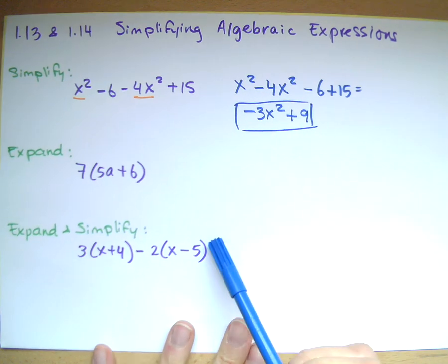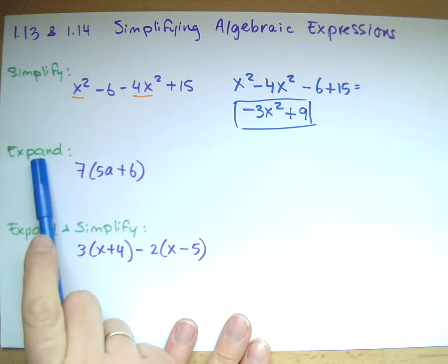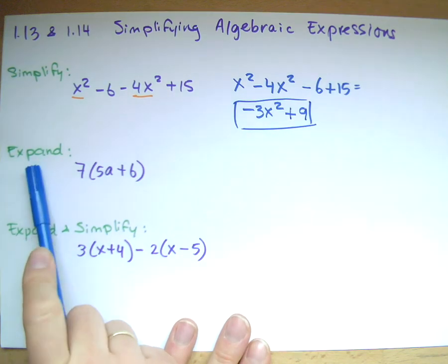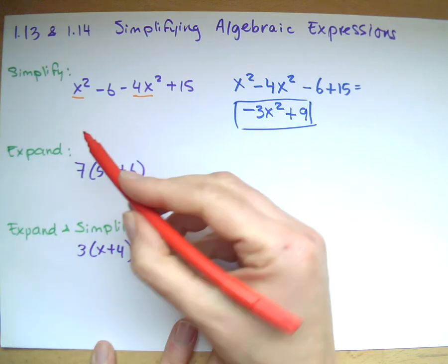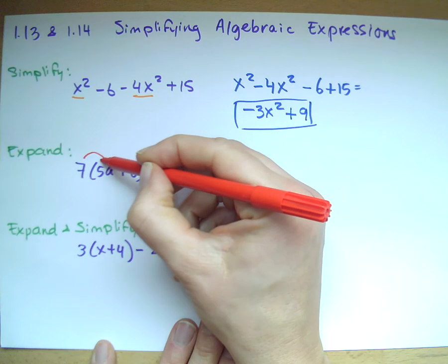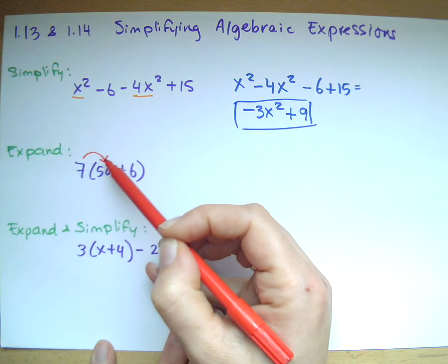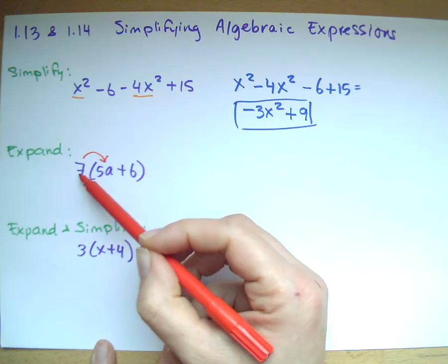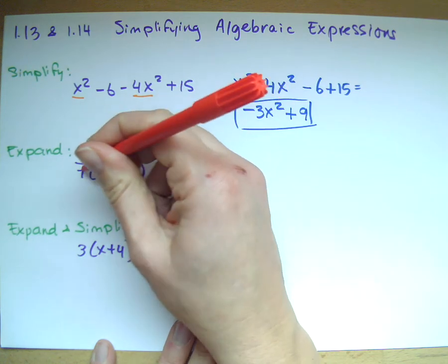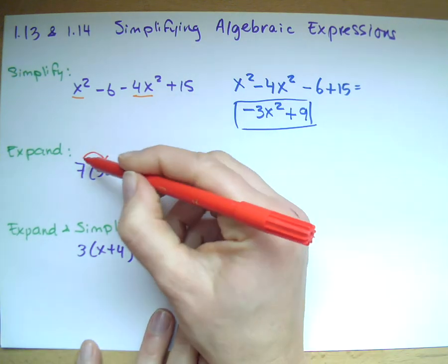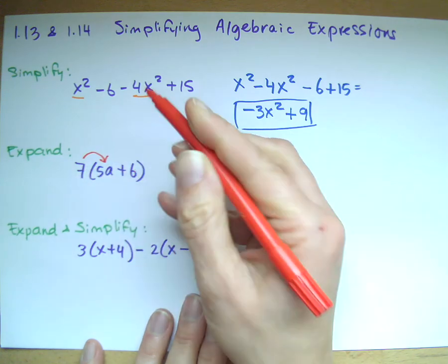Okay, another word you need to understand is expansion. Sometimes they'll ask you to expand. You'll have an expression and they'll say, please expand. Expanding means you, I can't think of the word. 7 times 5a plus 6 is actually 7 times 5a plus 7 times the 6, right?